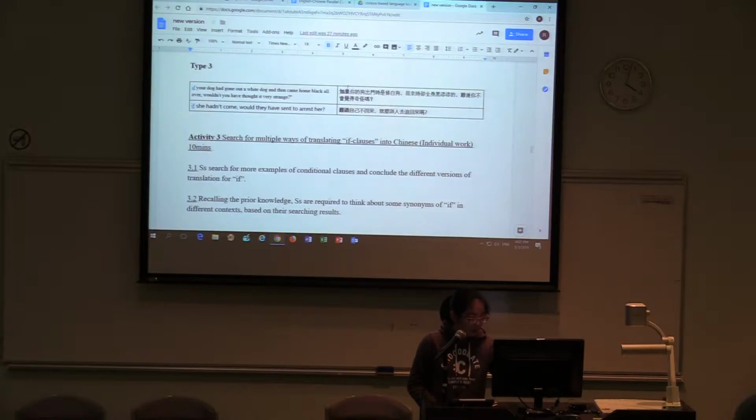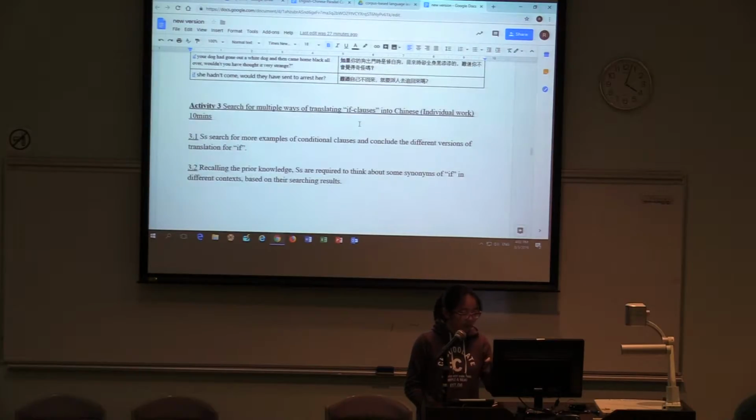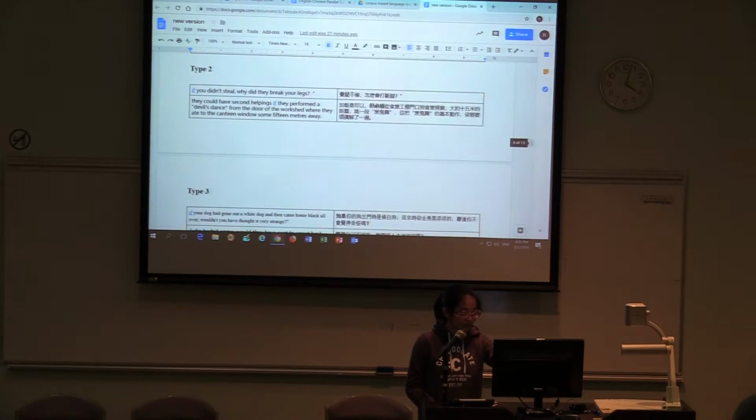Because we have highlighted some words in activity 2, when they search for themselves, these highlighted words can give them hints, or a target word. It is a process of scaffolding.